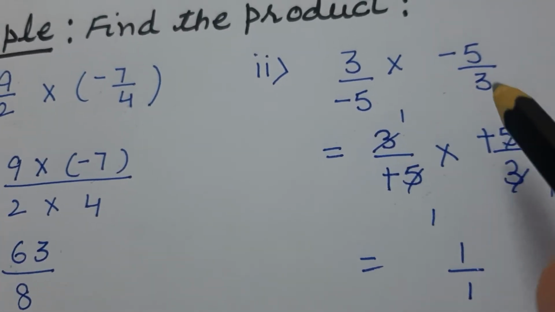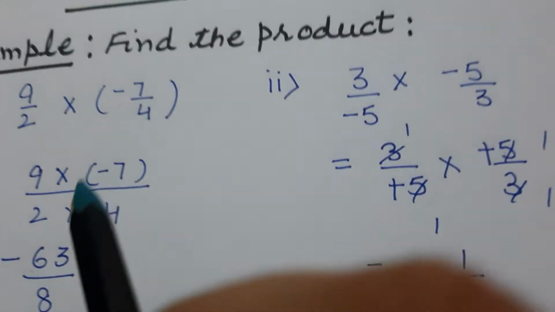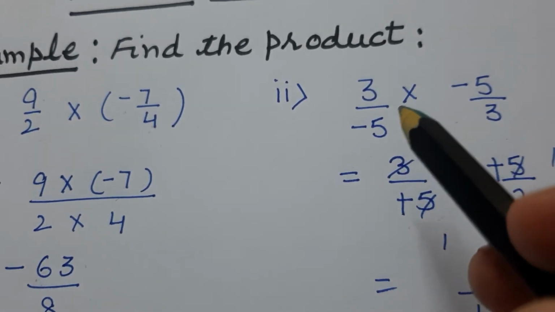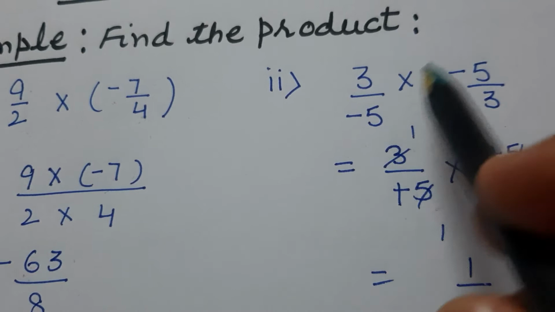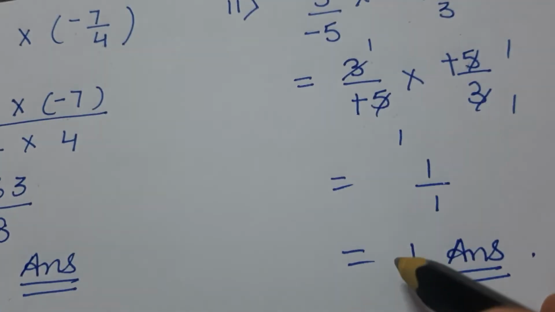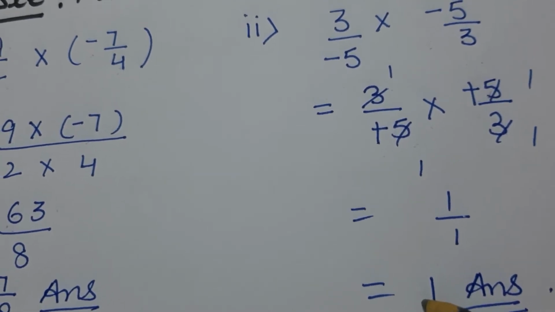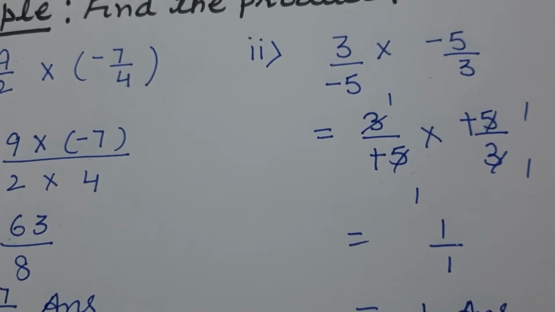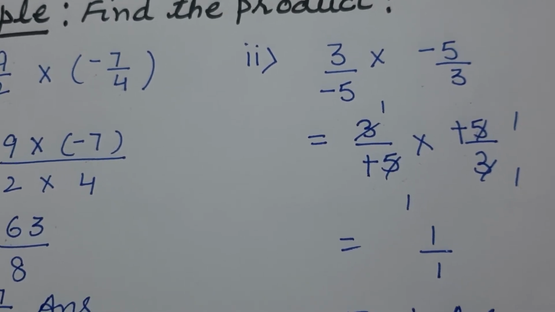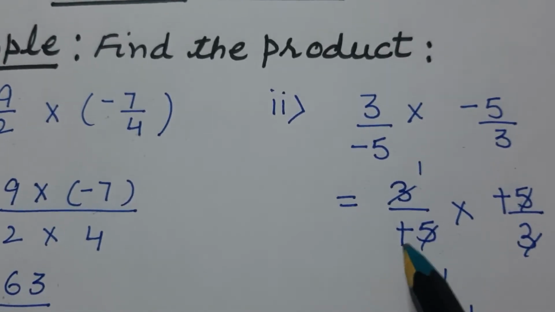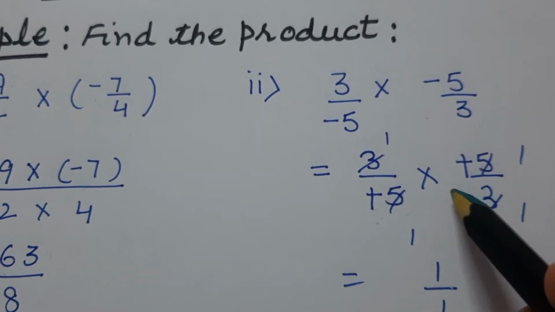In the whole statement, if an odd number of negative signs are there, meaning 1, 3, 5, then the answer will be negative. And if the number of negative signs is even, then the answer will always be positive. I hope it is clear. Why is it positive when the number of negative signs is even? Because two negative signs are cancelled, they become positive.